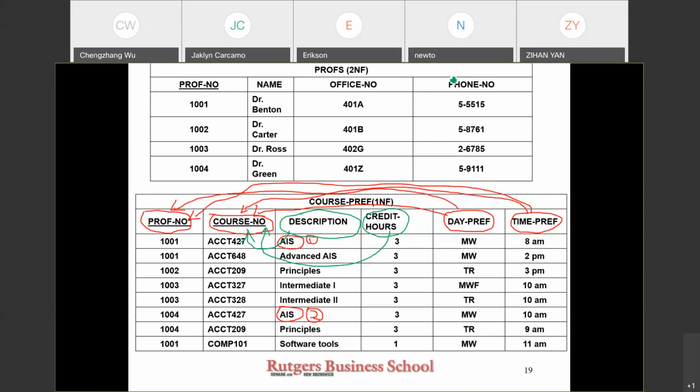Okay, let me show it. Phone number is functionally dependent on office number, but both office number and phone number are non-key attributes.